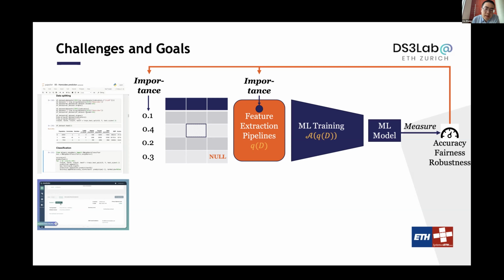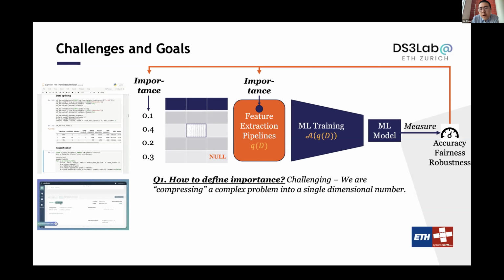If you look at this, there are three fundamental questions that we really want to understand. The first one is, how can we define the notion of importance? This is a very hard problem because we are trying to compress this very complex problem of model quality into a single-dimension number associated with each of these examples and each of those operators.